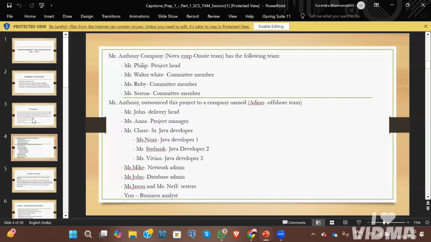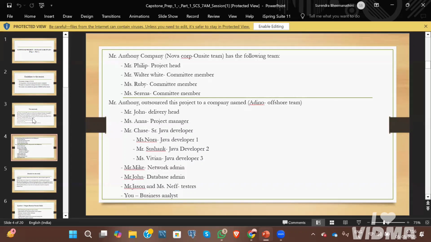Mr. Anthony outsourced this project to a company named Adino Offshore Team. Here, outsourced means this NRI, Anthony, has given the project he wants to build to another company called Adino. The process of giving a project to another company is called outsourcing, guys.